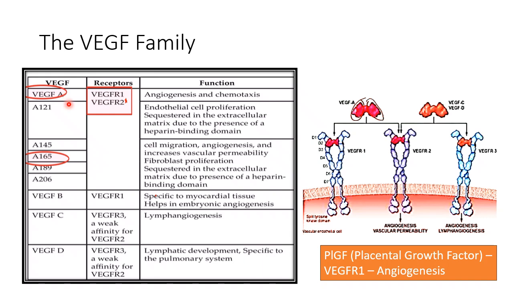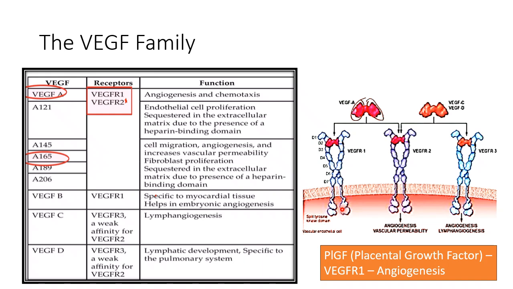A again has several isoforms, of which VEGF-A isoform 165 is the most important and most implicated. VEGF-A acts on both VEGF receptor 1 and receptor 2. So receptors 1, 2, 3 are the most important. Receptor 3 is not so important for us, but VEGF receptor 1 and receptor 2 and VEGF-A are extremely important.